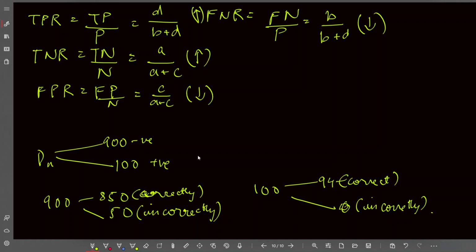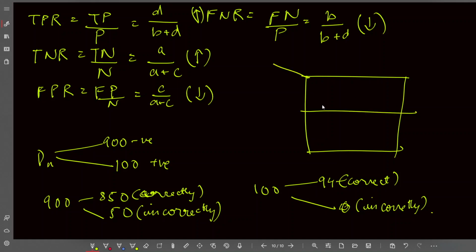Now if I have a dumb model, I can just say that all the points are negative. I'll still get a 90% accuracy, right? But if I draw a confusion matrix, let me just redraw this. It didn't come out very well. If I have a confusion matrix, and again, I'm just taking the same convention I used over there. This is 0, this is 1, this is 0, this is 1.